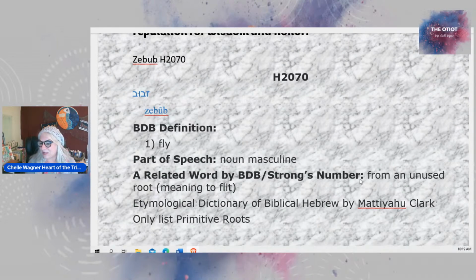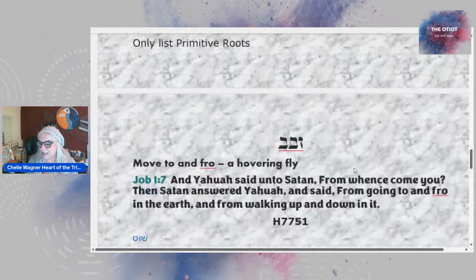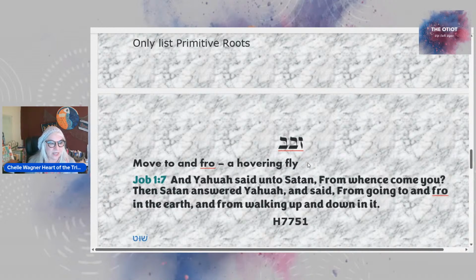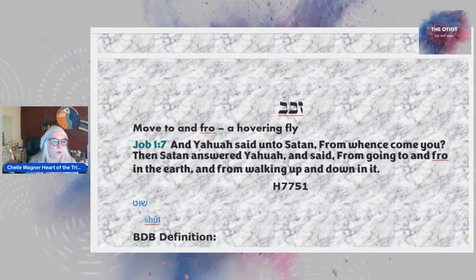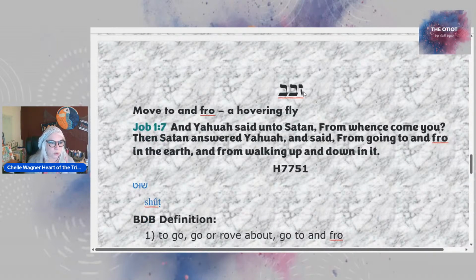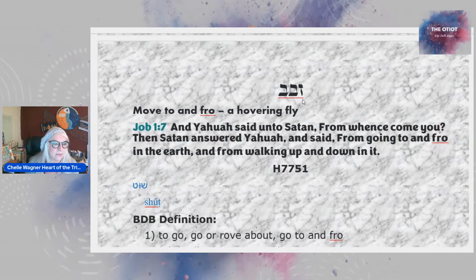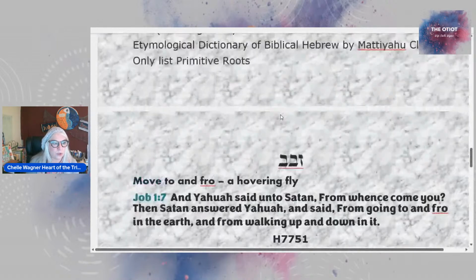All right, so I looked in it. When you look at it, it just gives you the root words, no vowel pointings in it. And so when I looked at this root, the zayin bet, Zebub, okay, that's the root.